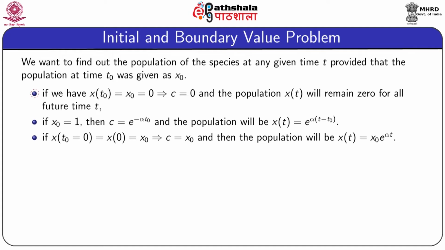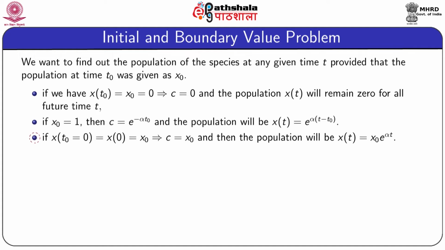So, if we have x(t0) = 0, this will give the integrating constant c = 0, and the population x(t) will remain 0 for the future time. But if we put x0 = 1, then we can calculate c = e^(αt0), and the population will be x(t) = e^(-α(t - t0)).